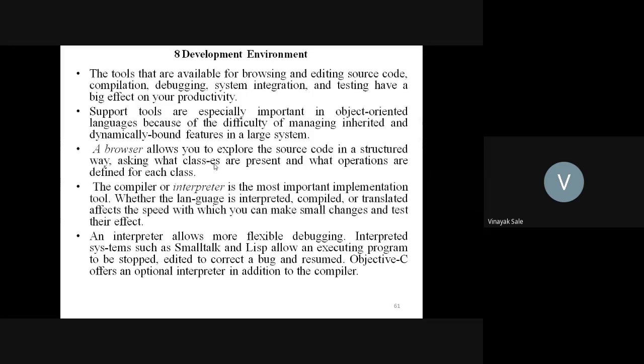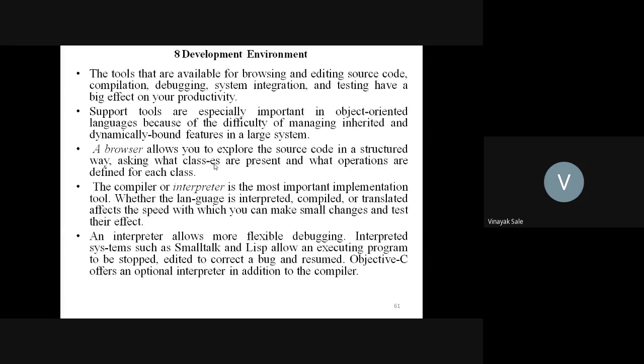The compiler or interpreter is the most important implementation tool. Whether the language is interpreted, compiled, or translated affects the speed with which you can make small changes and test their effect.